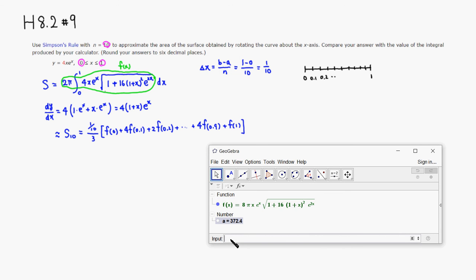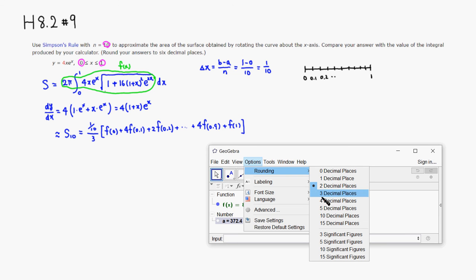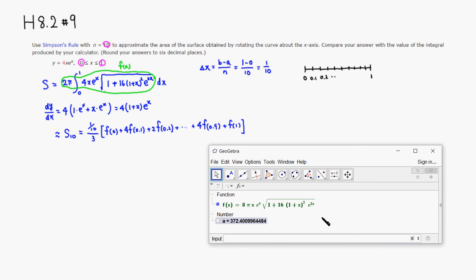Then hit enter. We need 6 decimal places, so go to options, rounding, and I guess we have to do 10 decimal places.